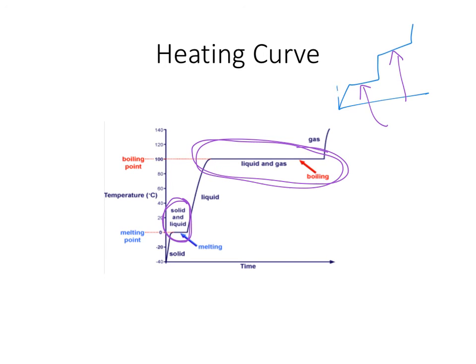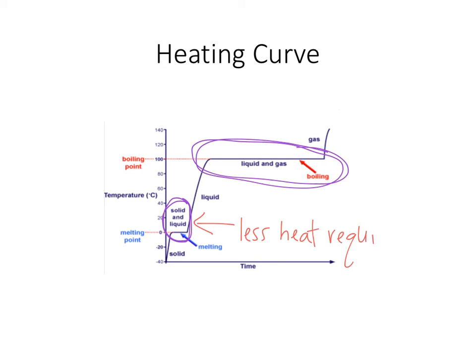So this is not to scale and not quite right. So this shorter line indicates that there's less heat required for the transition. The longer line indicates that more heat is required.